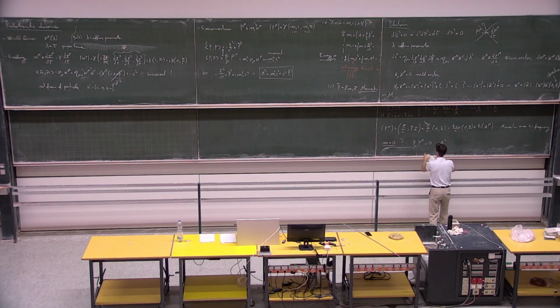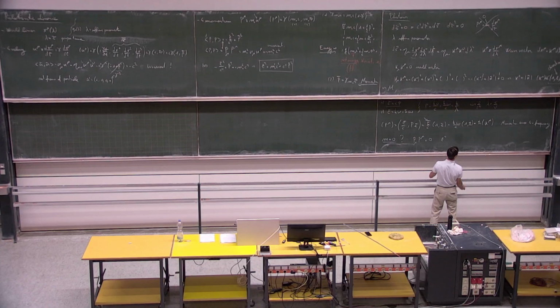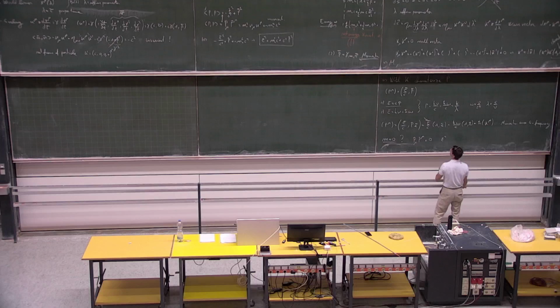And what we obtain, if we plug in our expression of the momentum, we get E squared equal to c squared, p bar squared.